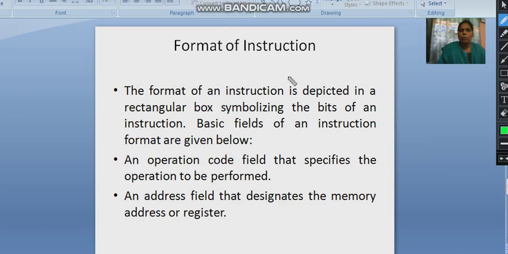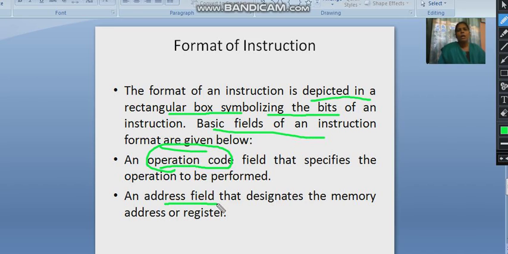Now about the format of instruction. The format of instruction is depicted in a rectangular box symbolizing the bits of an instruction. The basic field of instruction format is the opcode, the operation code field that specifies the operation to be performed, and the second is the address field, which tells the memory address or register.